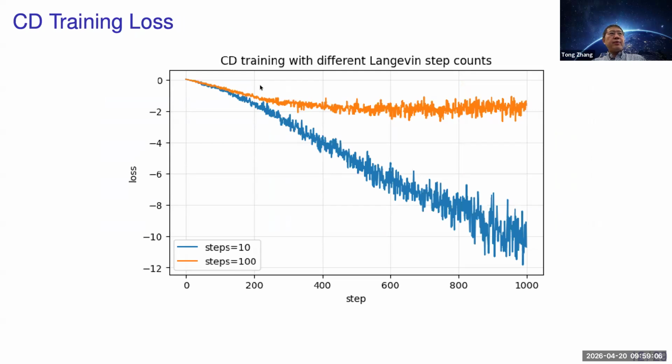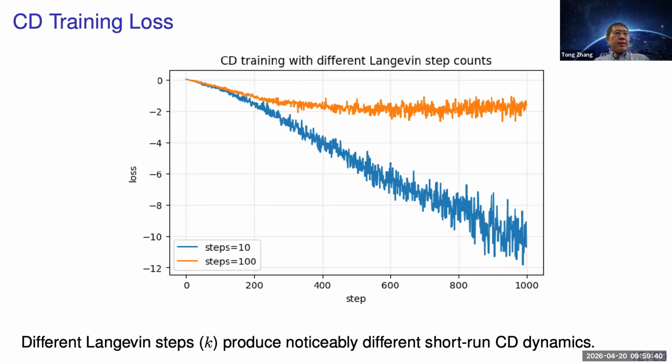At some point, this one is doing a little bit of overfitting, because when you do 10 steps, it's not running too far away from your initial points. And this one saturates with more steps. But basically, you can train that.